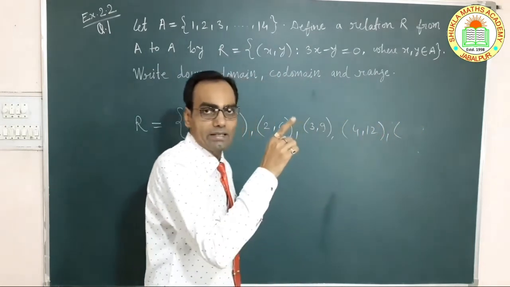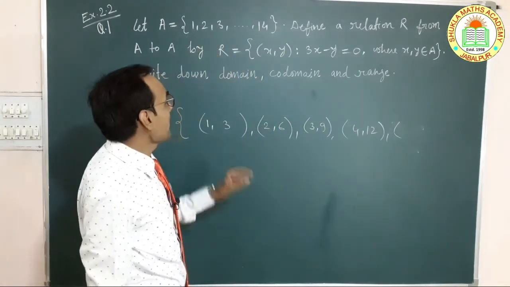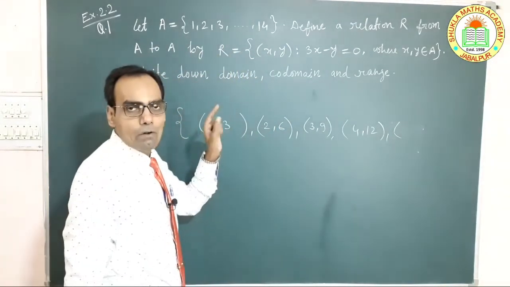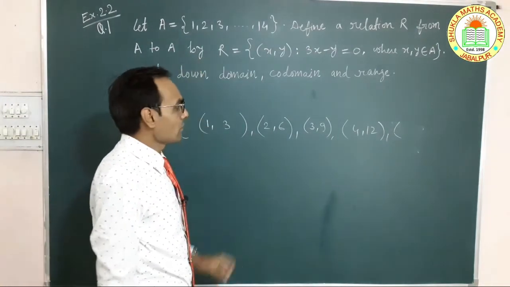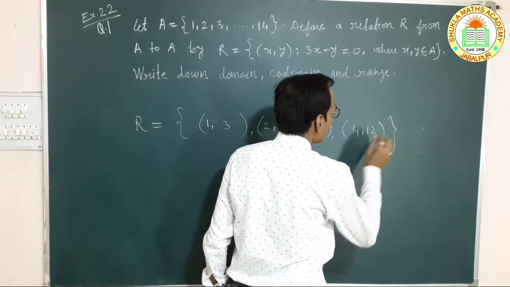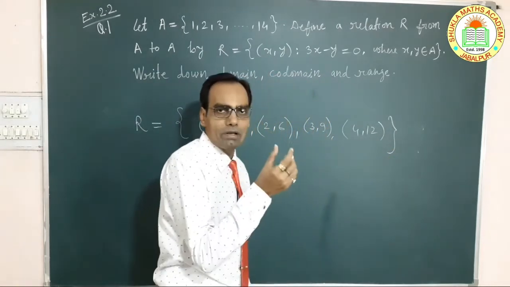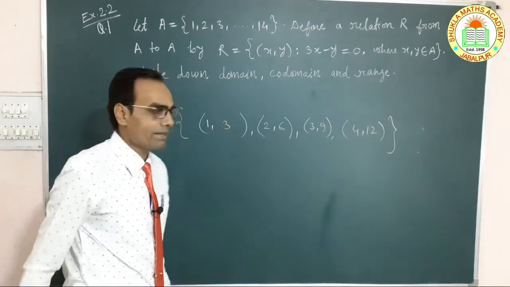So 15 is not an element of A, because this is a relation from A to A, so all the elements must belong to A. So we will stop here, because the next ordered pair (5, 15) does not belong to A, right?